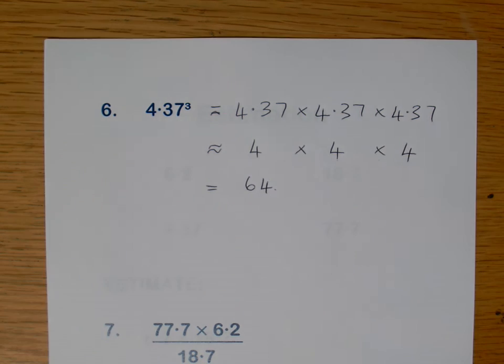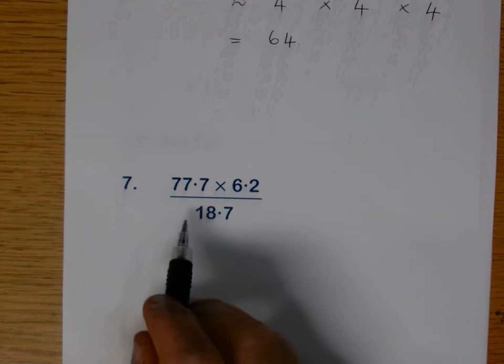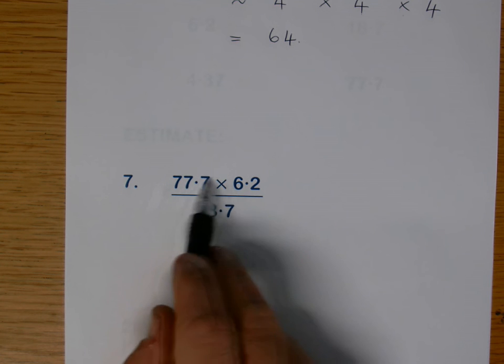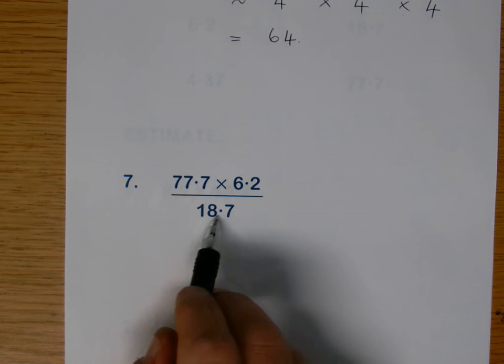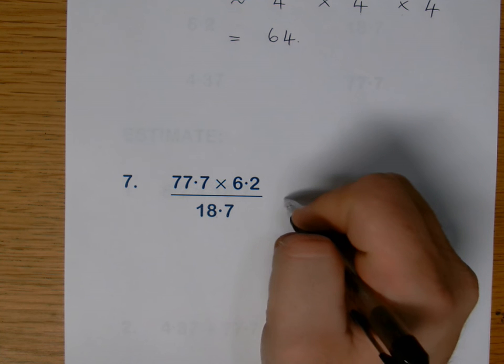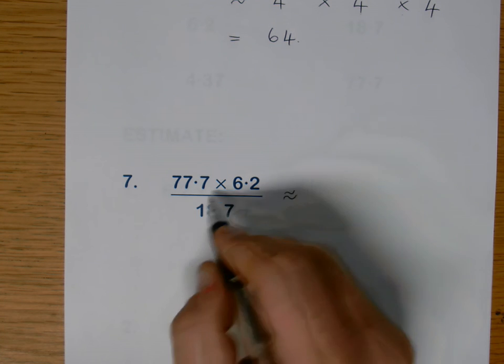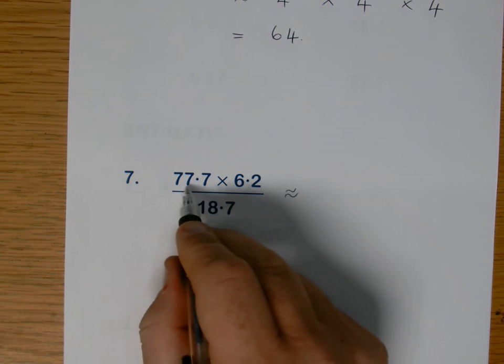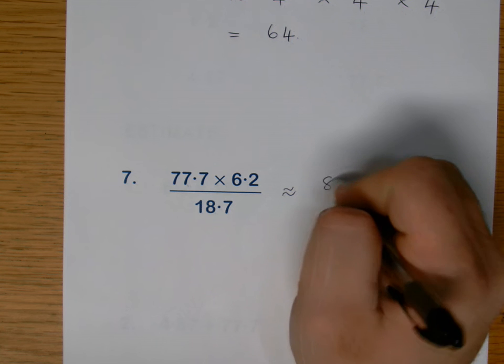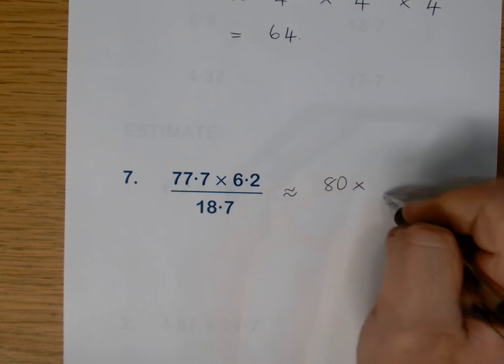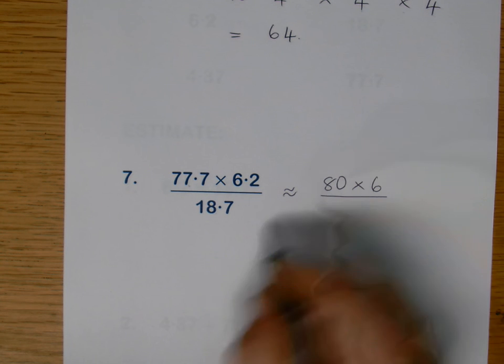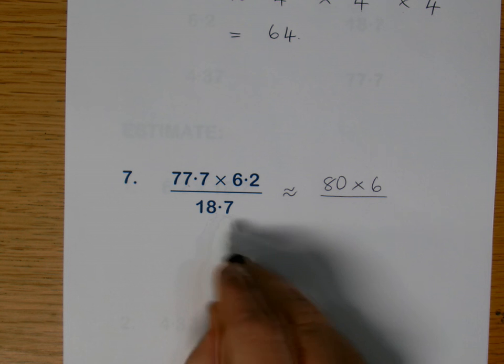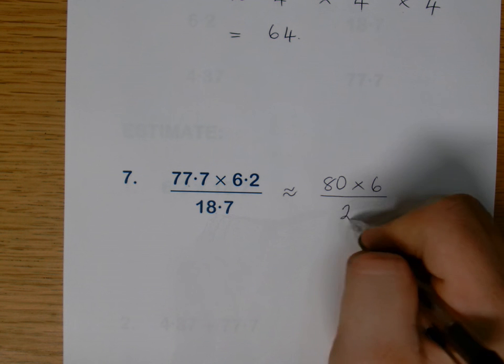So finally, the last one we're going to look at is when we've got a combination of multiplying and dividing. Again, the key to this is choosing those values that we round to sensible values. So we decided that was 80, 6.2 is 6, and then divide by, of course we're not going to leave that as 18.7, we're going to round it to 20.